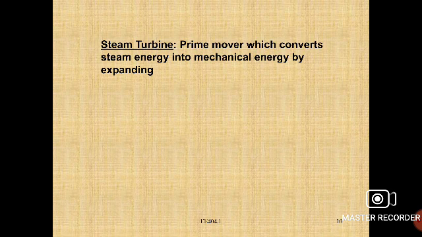Then what is the main definition of a steam turbine? A steam turbine is a prime mover in which the heat energy in the steam is converted into kinetic energy. The kinetic energy is absorbed by the turbine blades to rotate the shaft while steam flows through the turbine.